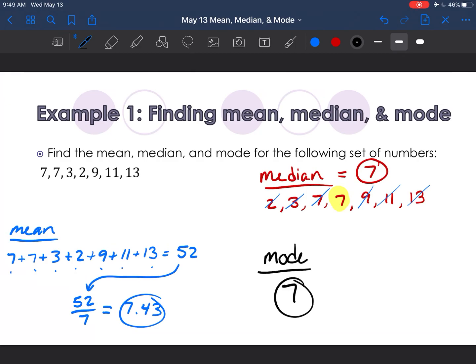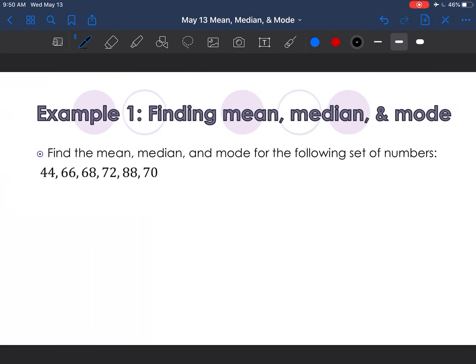Let me show you another example that's a little bit different for the median. I have these numbers here. Let's start with the mean. To find the mean, you add them all up and divide by how many there were.